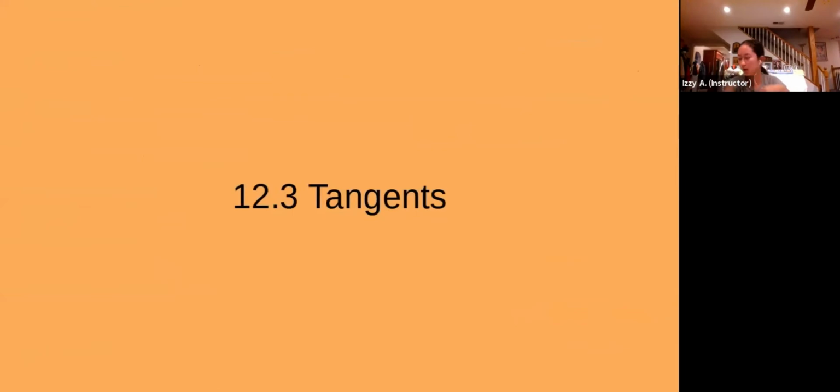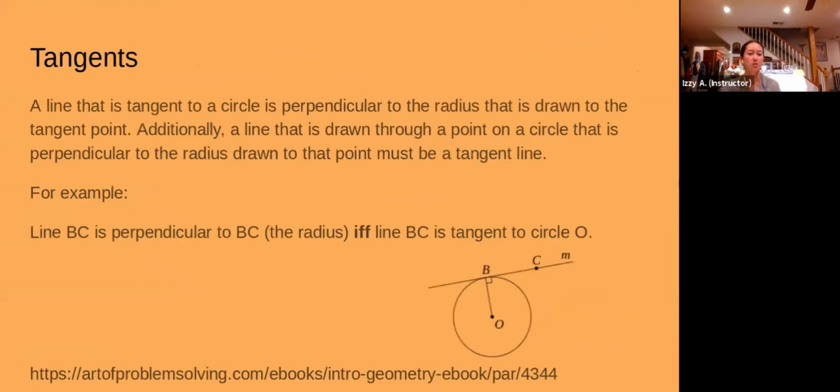Okay, so next we're going to cover a new section that deals with tangents. A line that is tangent to a circle is perpendicular to the radius that is drawn to the tangent point.